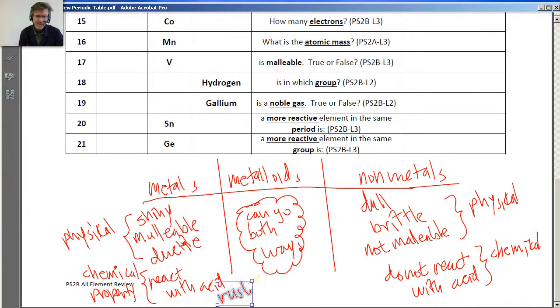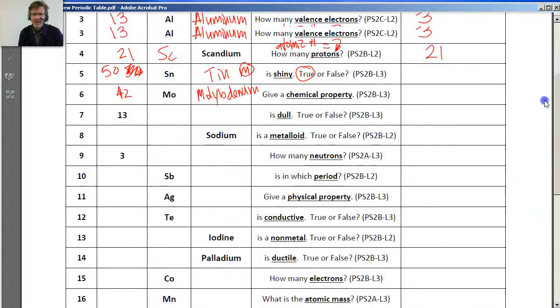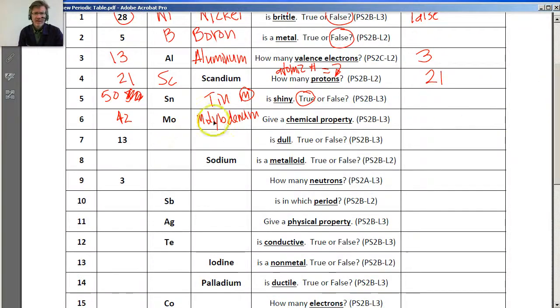When was the last time that you saw plastic rusting? No, that has never happened. So, rusting. Okay, so back up. Molybdenum, chemical property, reacts with acid. All right. Moving on.